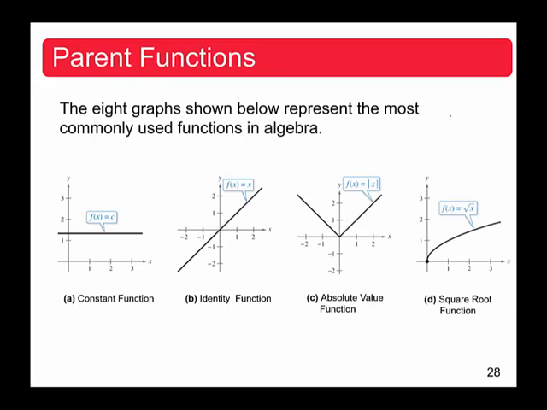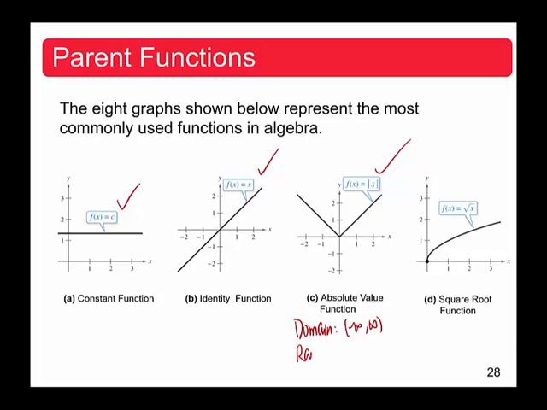Now we have learned 8 different parent functions. First one is a constant function, identity function, absolute value function. Okay, so we didn't cover the absolute value function too much. Let's look at the absolute value function. So for the absolute value function, the domain is all real numbers. All these x values are possible.